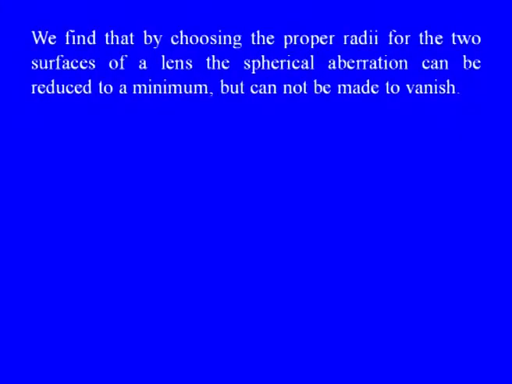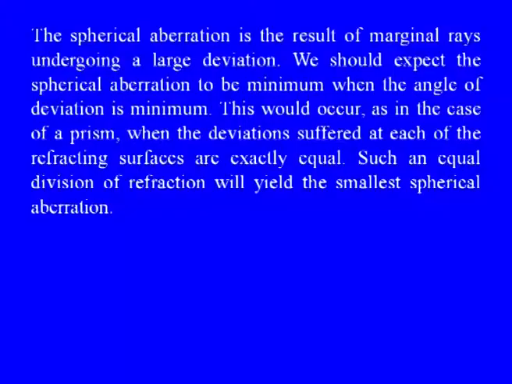We find that by choosing the proper radii for the two surfaces of a lens, the spherical aberration can be reduced to a minimum, but naturally it cannot be made to vanish. Let us see basically why the spherical aberration is coming up, and whether we can do something better than this. The spherical aberration is the result of marginal rays undergoing a large deviation.